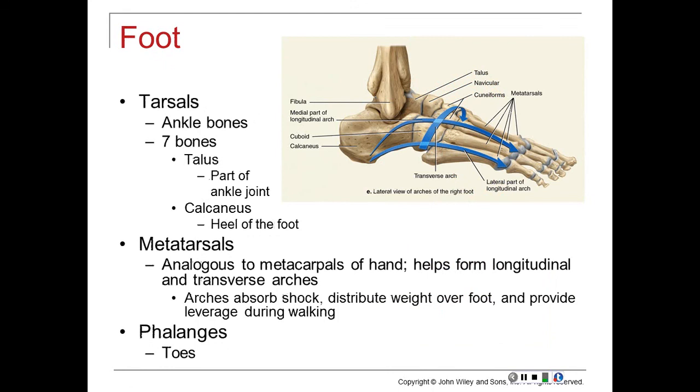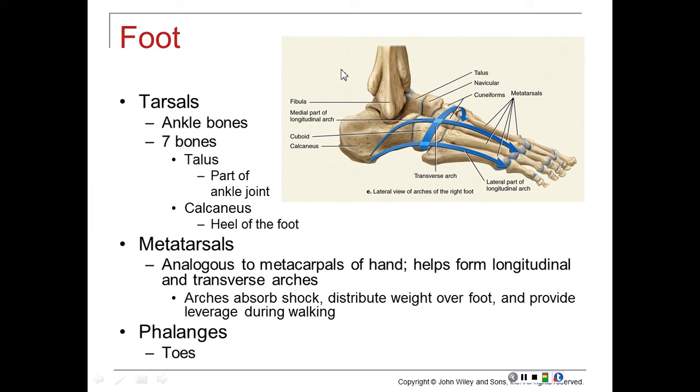Look closer at our ankle here. You can see the distal end of our fibula and distal ends of our tibia articulating with a special bone on our foot called the talus. There are 7 bones that make up our ankle. The calcaneus is the large bone that makes up our heel, and you can imagine the calcaneal or Achilles tendon coming up and off of this. You can feel that if you touch the back of your ankle.